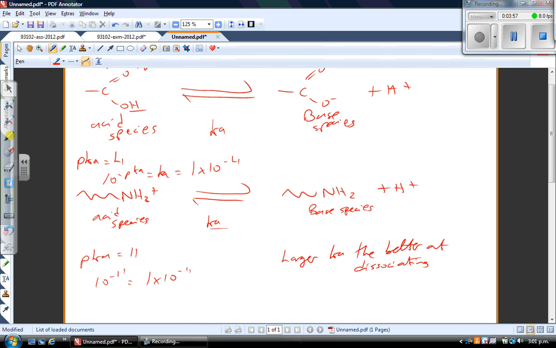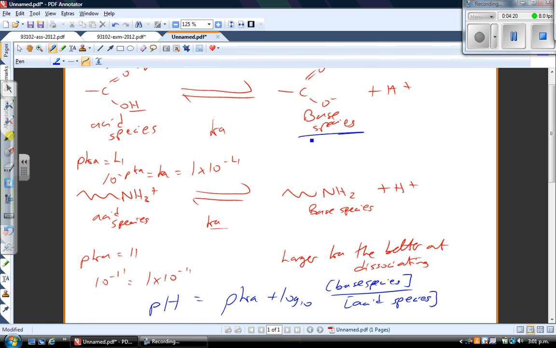The relationship between pH and pKa was best described by two scientists called Henderson and Hasselbalch, and they came up with the Henderson-Hasselbalch equation, which is pH equals pKa plus the log to the base 10 of the concentration of the base species over the acid species. So we're considering this species and this species, or this species and this species. Okay, so that's the relationship between pH and pKa.